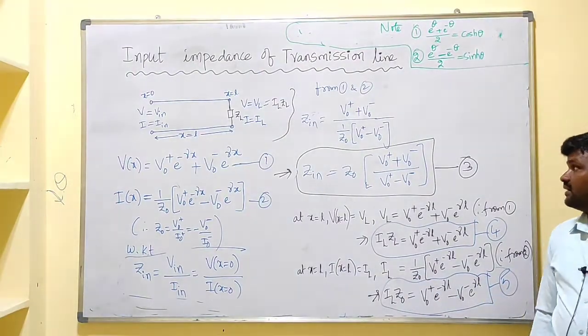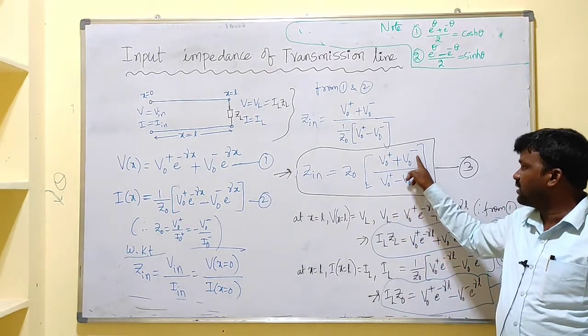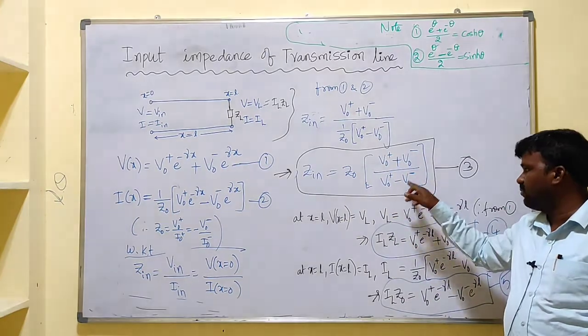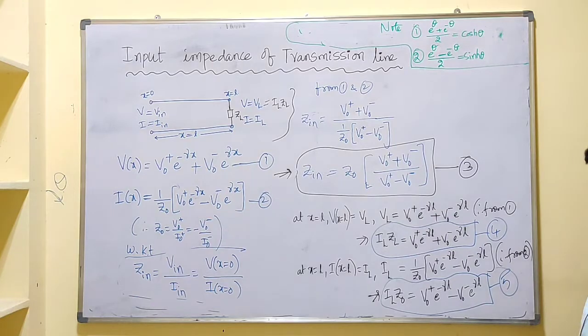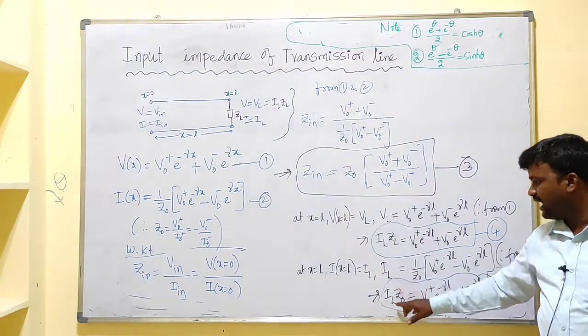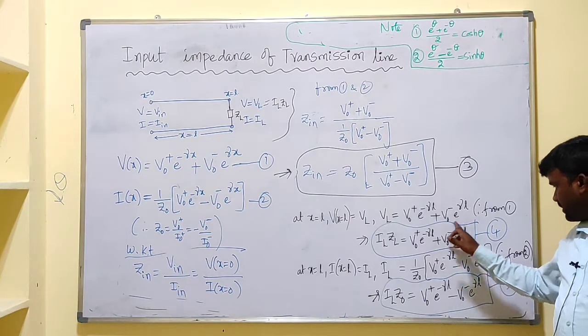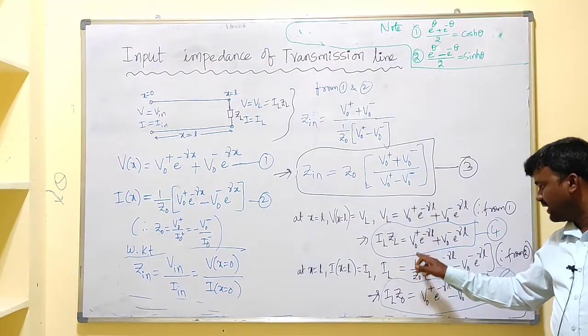Why? In order to get this Zin, we require V naught plus and V naught minus. So if I add these two, equation 4 and equation 5, I will get on the left hand side IL into (ZL plus Z naught), whereas this term is cancelled out, remaining is V naught plus.